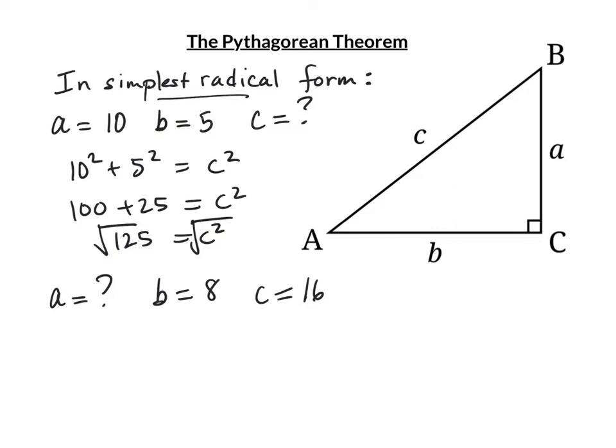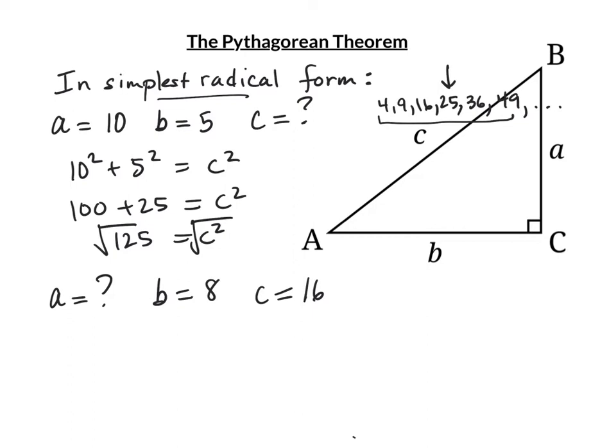To simplify a root, we look for the largest perfect square in the root. Perfect squares are the numbers like 4, 9, 16, that's 4 times 4, 5 times 5, 25, 36, 49, and so on. So we want one of these that divides evenly into 125, and 25 does.